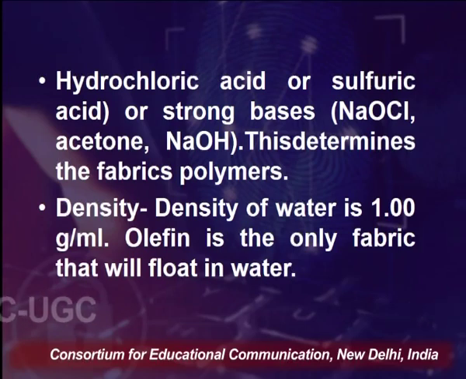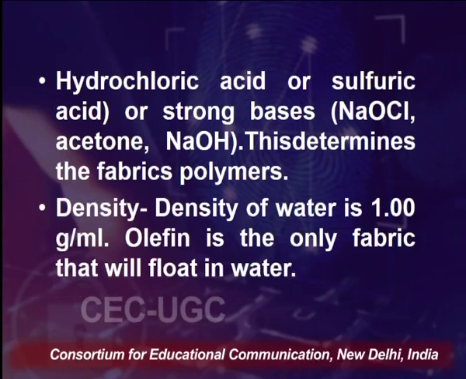When we talk about the optical properties of fibers, we talk about the refractive index and the birefringence. Refractive index, as we know, is the bending of light as it passes from air into a solid or liquid. A forensic investigator measures the refractive index of an unknown sample with liquids of known refractive index, and places the sample in different liquids until the fiber is no longer visible.